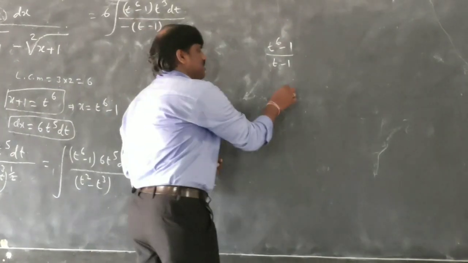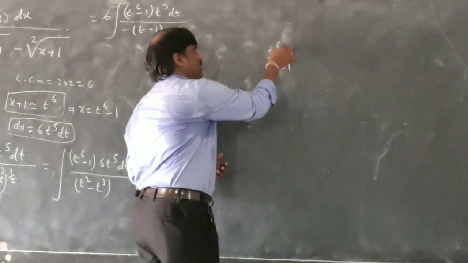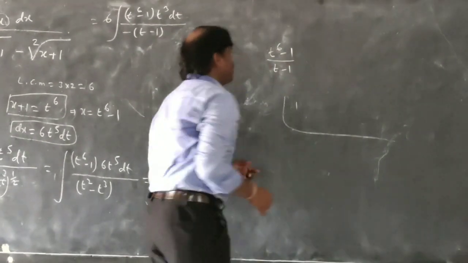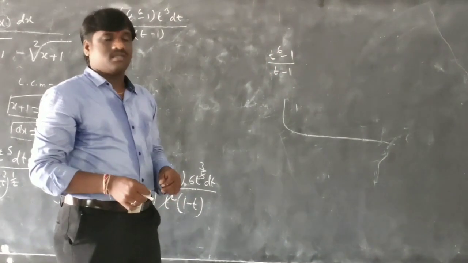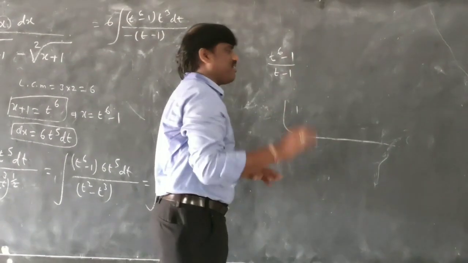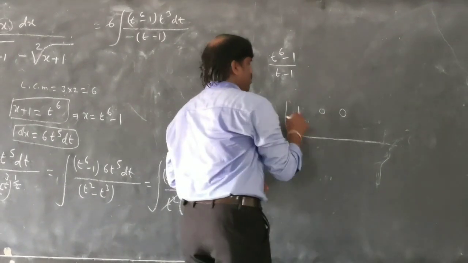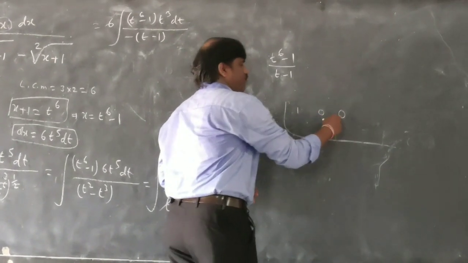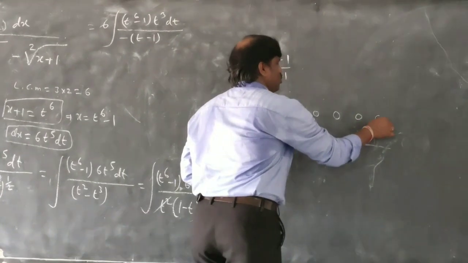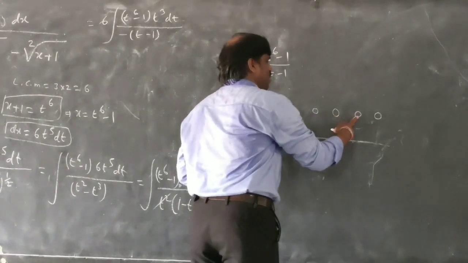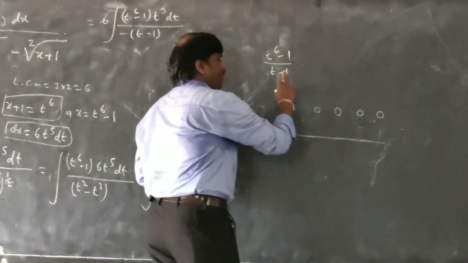So if I divide this one, the coefficient of t power 6 is 1, and there is no t power 5, there is no t power 4. There is here 6, 5, 4, 3, 2, 1, right?